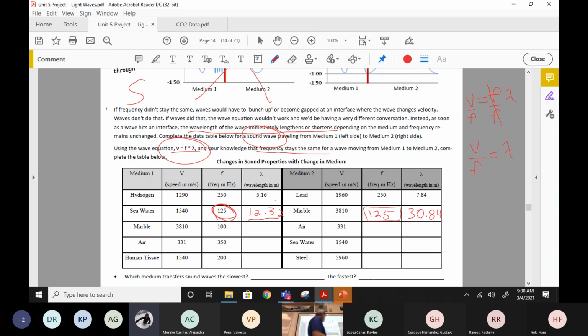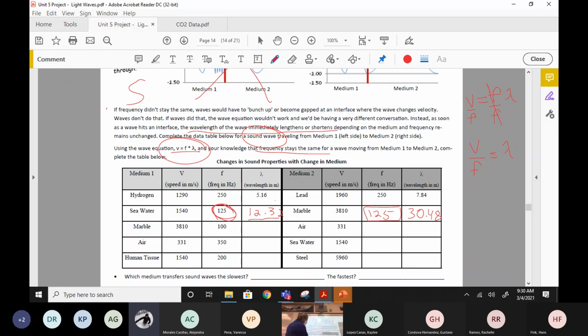Oops, not 48, not 84. Did it backwards. 30.48, huh? Any questions? So there's 3 more rows for you to fill out by yourself.